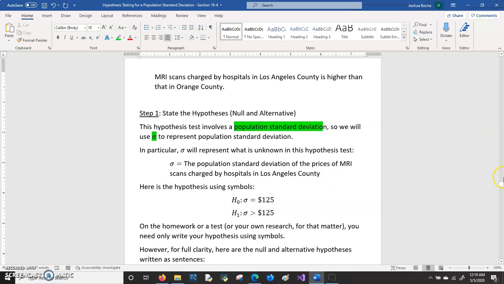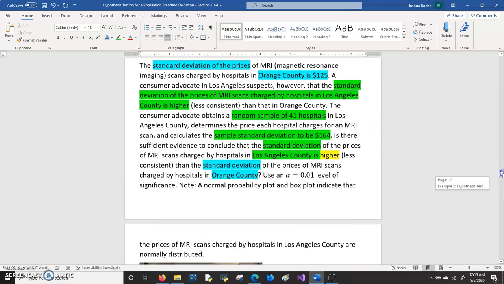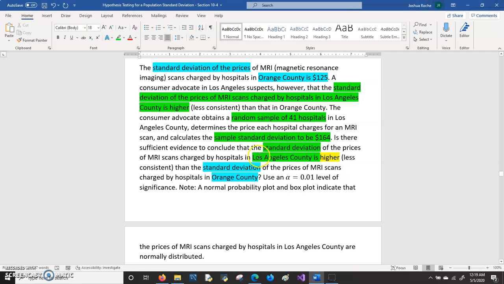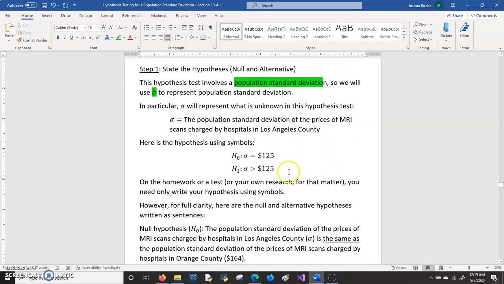And remember that that has to do with the fact that the question that the advocate is asking is whether the Los Angeles County standard deviation is higher than the Orange County standard deviation. So you would write that as the standard deviation of prices in Los Angeles County is greater than the standard deviation of prices in Orange County.